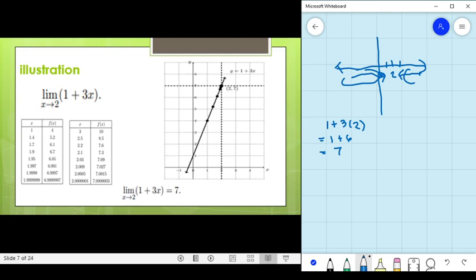So notice that in this case, as x gets closer and closer to 2, from the left of 2 and from the right of 2, notice that your y also gets closer and closer to 7, above and below 7 if we consider the values in y. Okay?